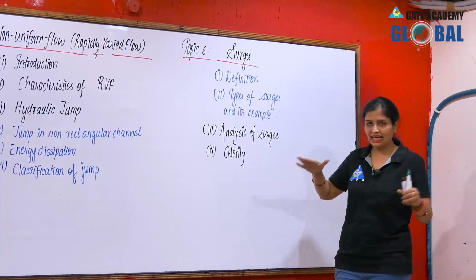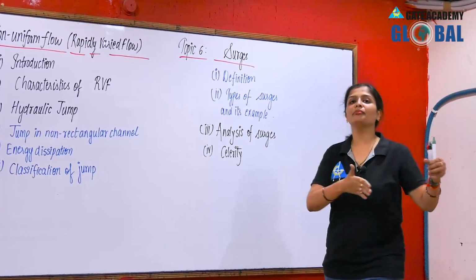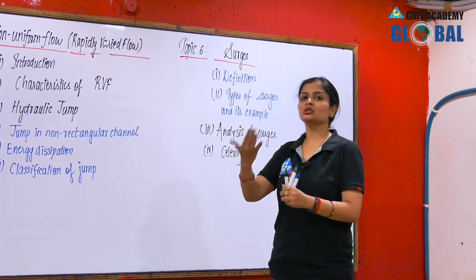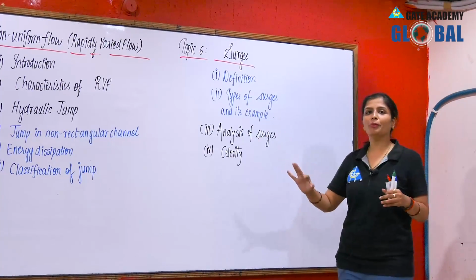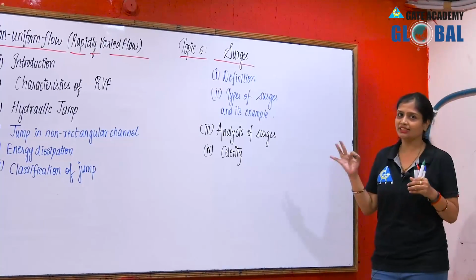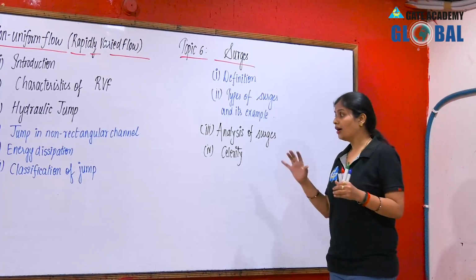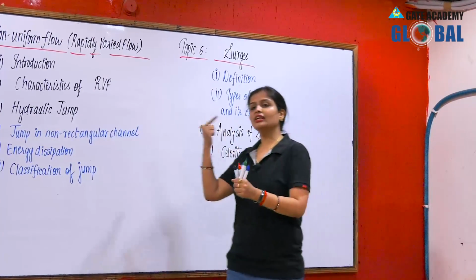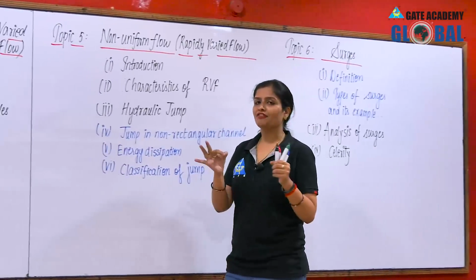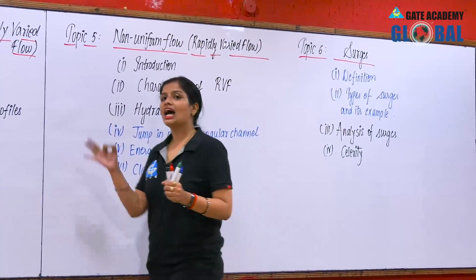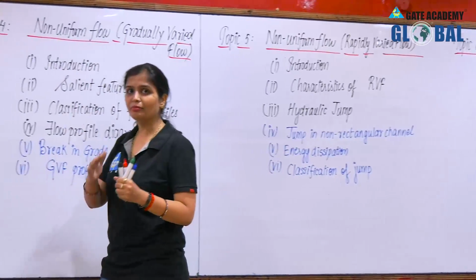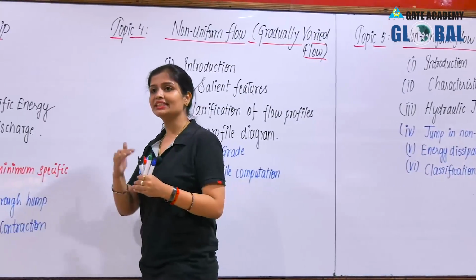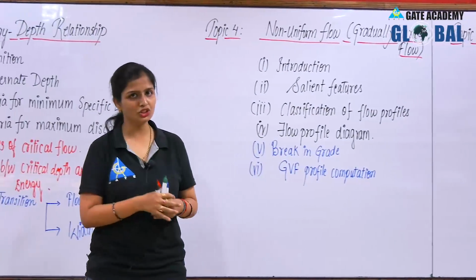I am not saying that if it hasn't been asked till now, it couldn't be asked further, because the probability of questions from any topic or any chapter is there in equal amount. But we will be focusing on these topics as well in which questions haven't been asked, as well as on the topics in which questions have already been asked, and good questions can be framed on this topic as well.